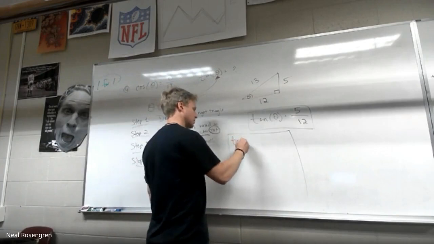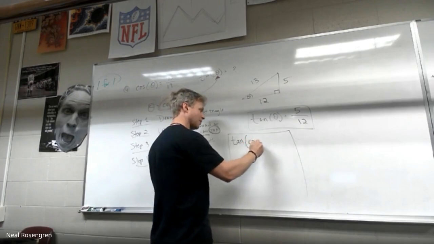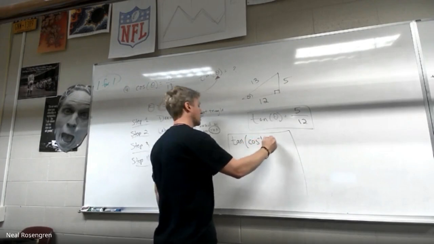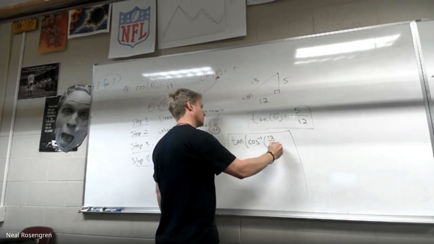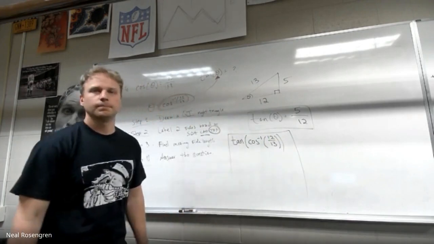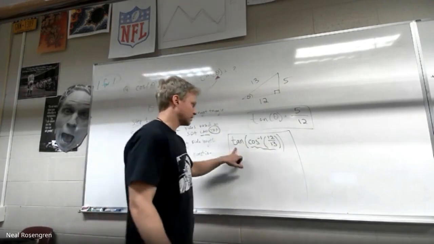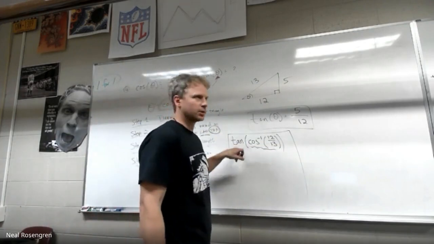Tangent of the inverse cosine of 12/13. All right? Because in here needs to go an angle, right? It's tangent of something or cosine of something or sine of something or whatever, right?